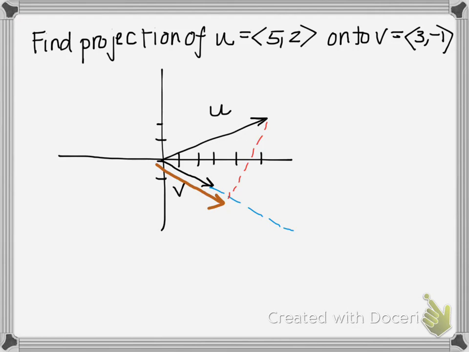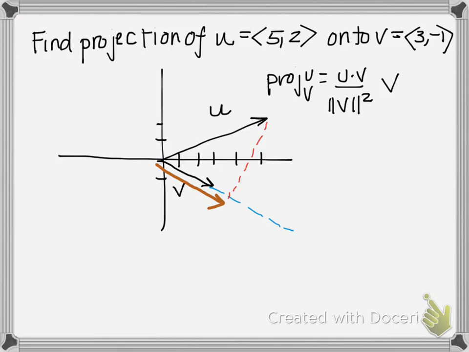But we have a formula. And the formula is that the projection of u onto v is equal to u dot v over the magnitude of v squared, times vector v.